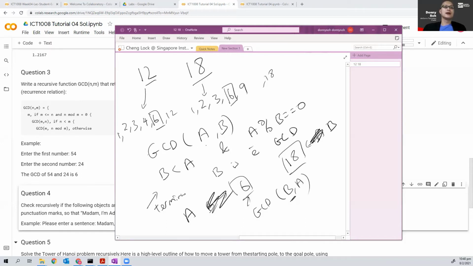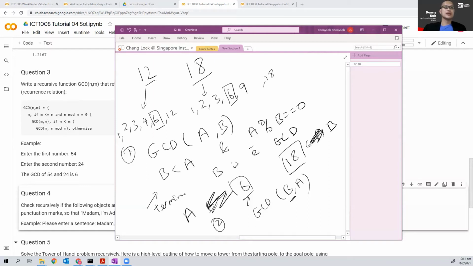In condition number 2, if the first number is the smaller number, we just do the swap, to ensure that the first number is always the larger number.